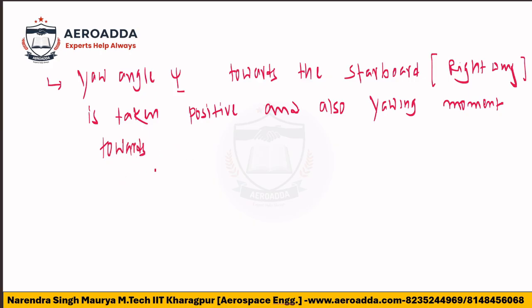This is the sign convention. Towards the starboard is taken positive. This is the one sign convention you need to remember. So the moment towards the starboard itself is taken positive. Okay, remember it.